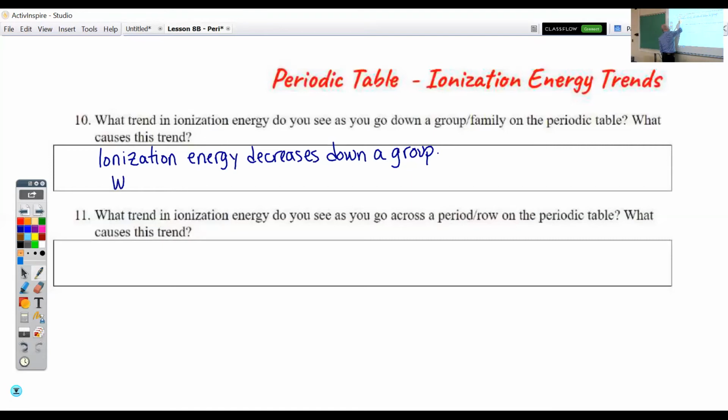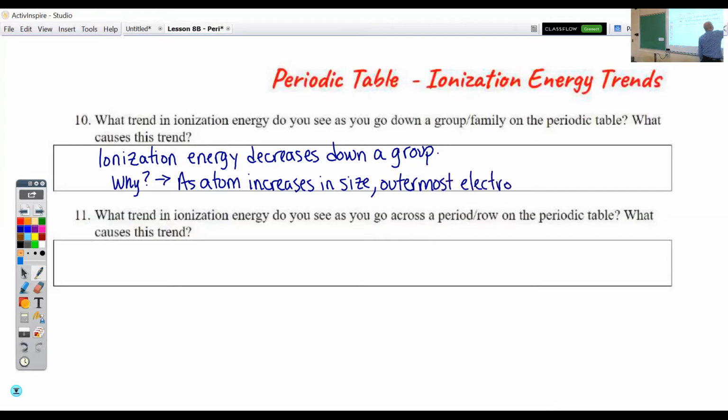So we're going to put here why: as atom increases in size, outermost electrons can be removed more easily. So outermost electrons can be removed more easily as the atom gets bigger.